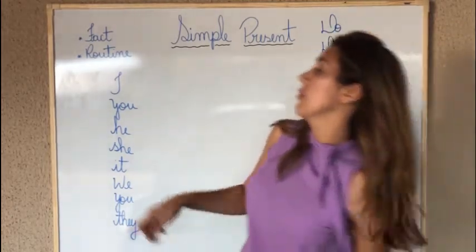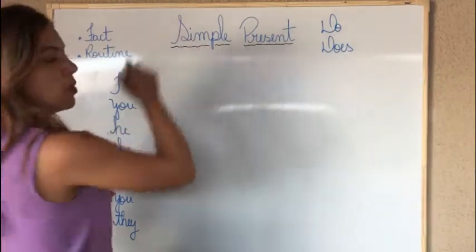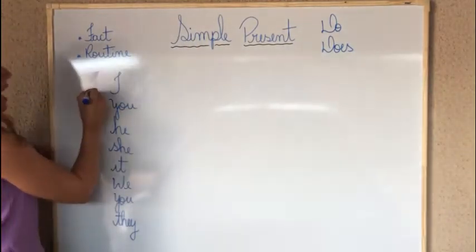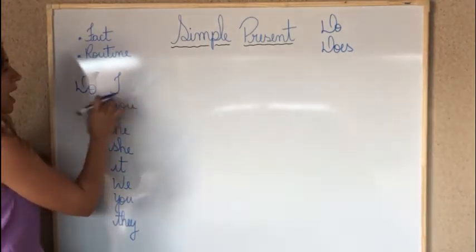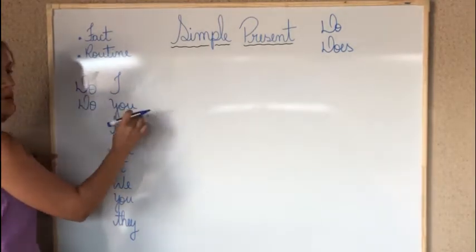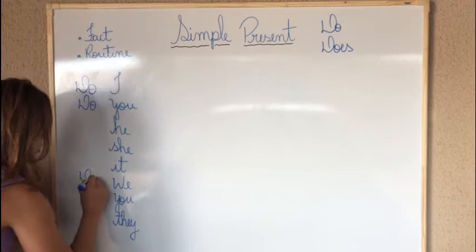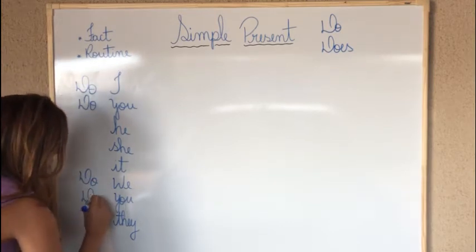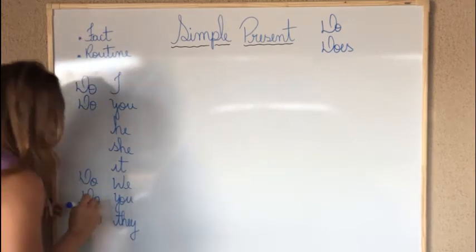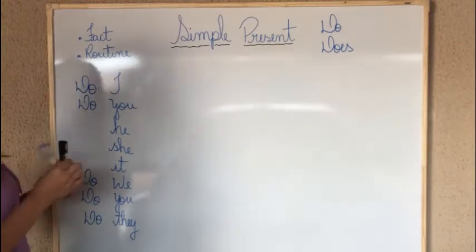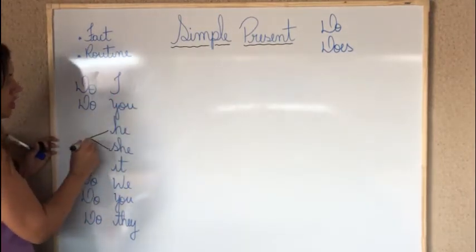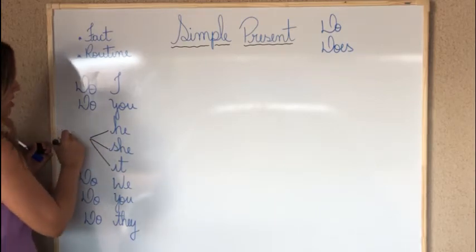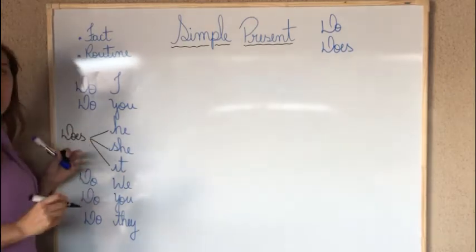To ask questions in the simple present, I use for I, do I, do you, do we, do you, and do they. For he, she, and it, I use the auxiliary verb does.